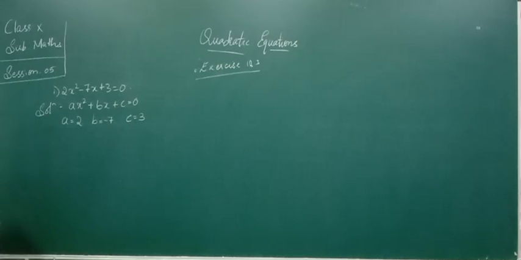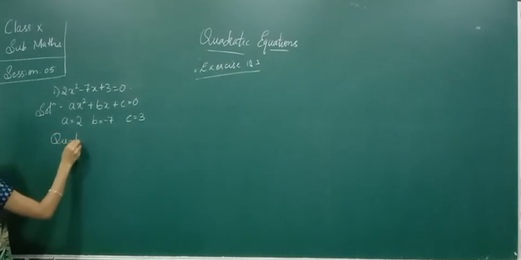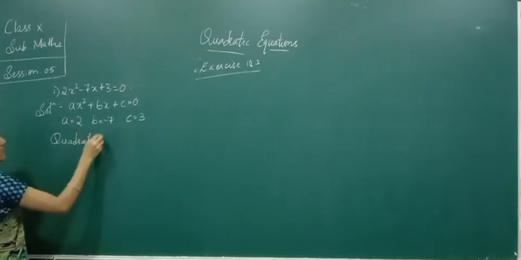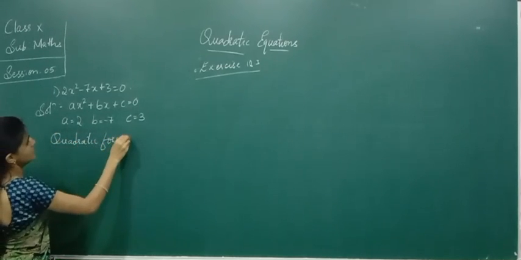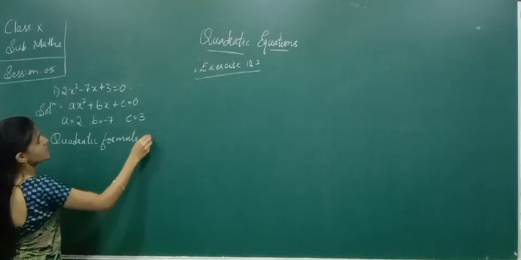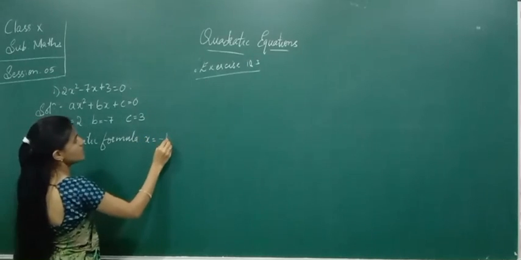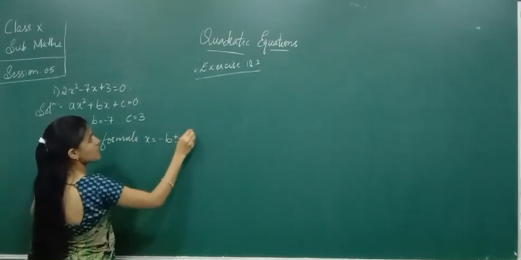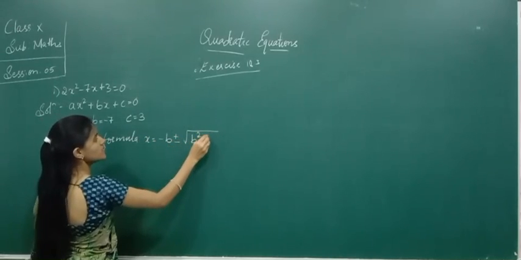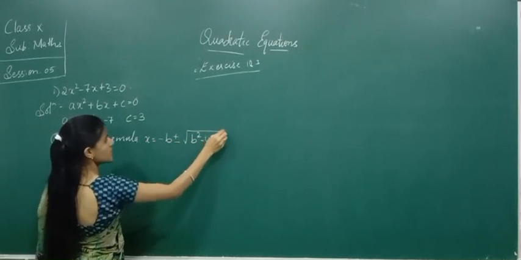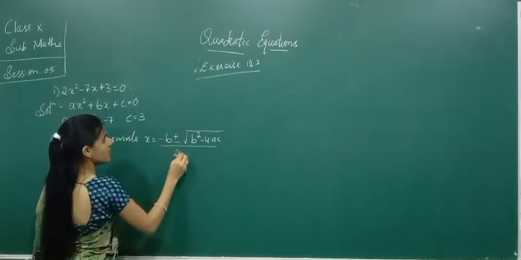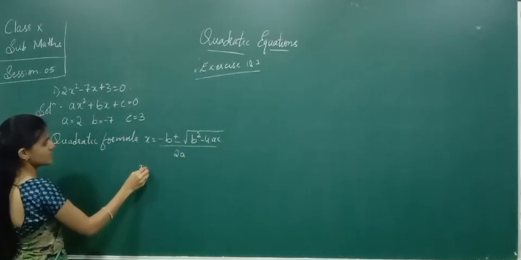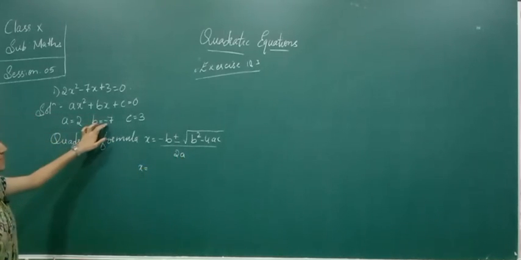What we have the formula? We have quadratic formula. What is that quadratic formula? That is x is equals to minus b plus or minus root of b square minus 4ac divided by 2a. Then x will be, what is b? b is minus 7.